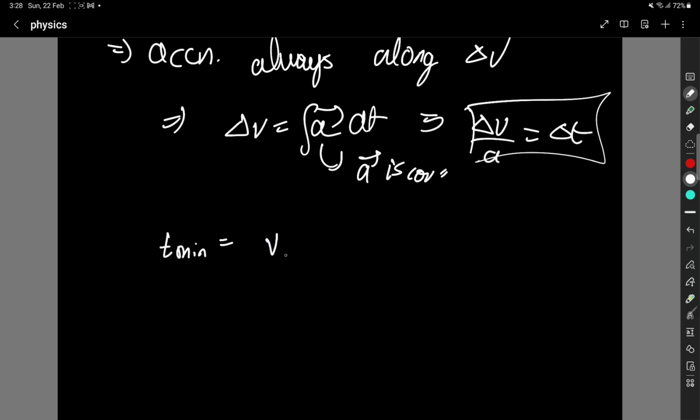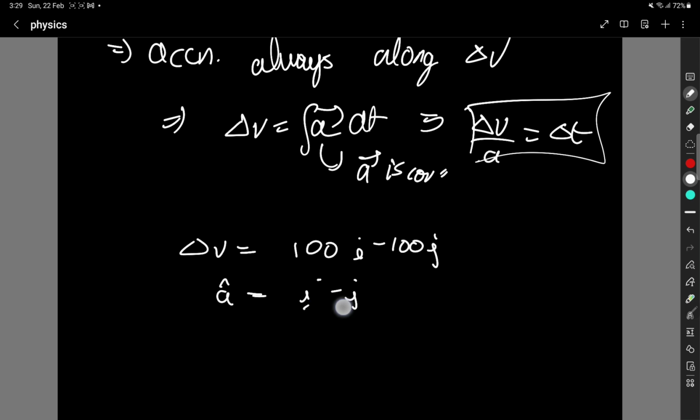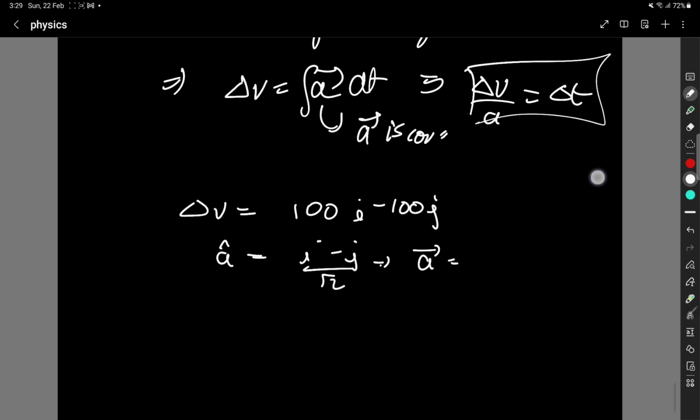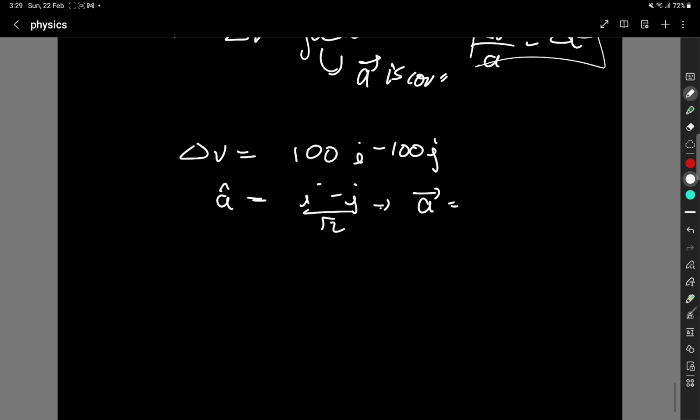T minimum, so delta v is equal to 100 along i cap minus 100 along j cap. A cap is i minus j by root 2. A vector is, I think it's pretty intuitively clear why the maximum acceleration should be used.